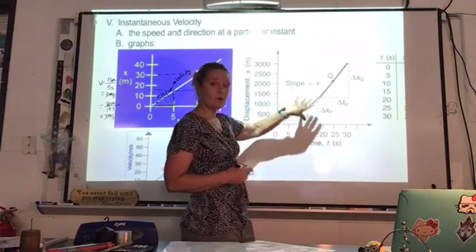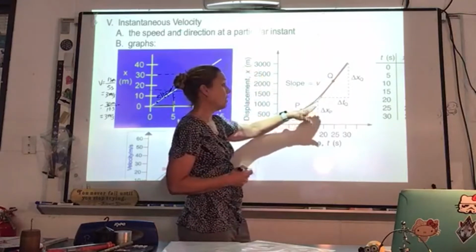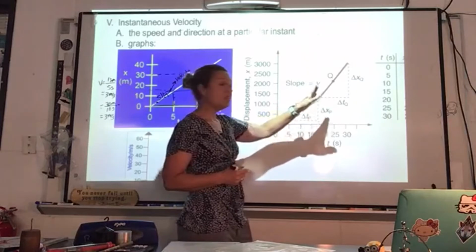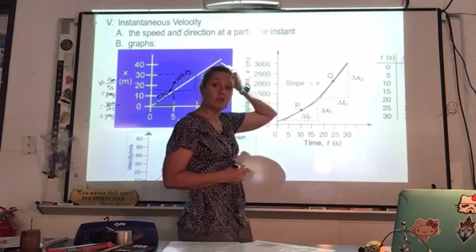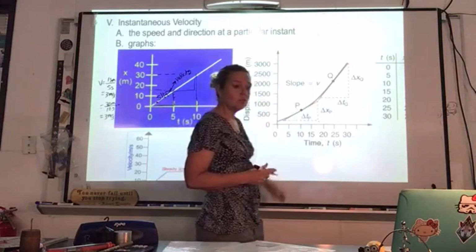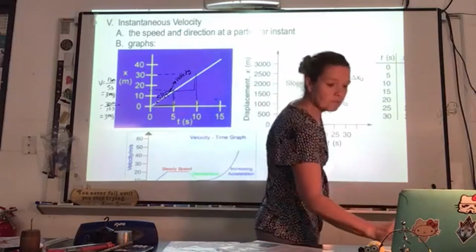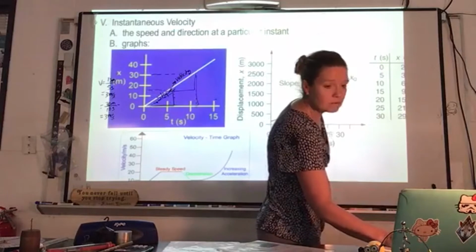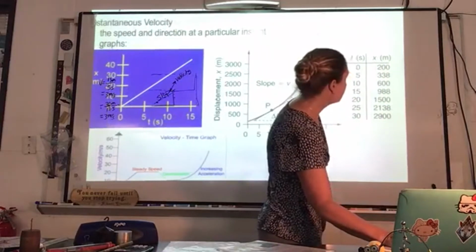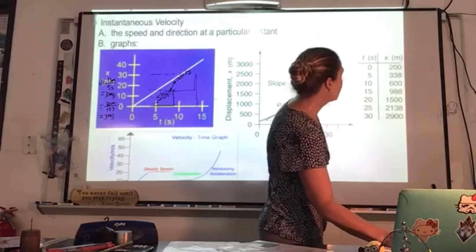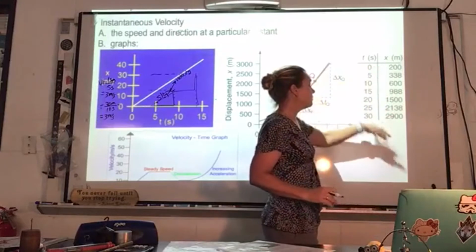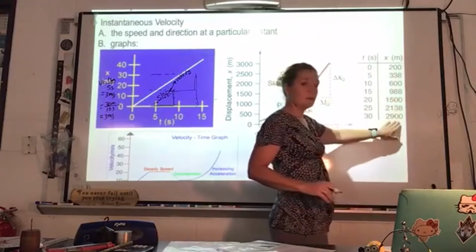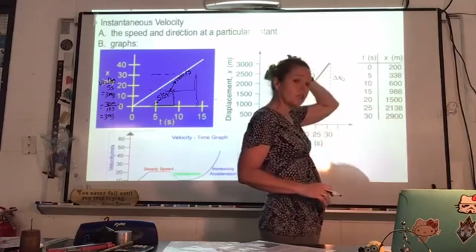So if we want to analyze this, we see that we have a changing velocity, and in fact we have an increase in velocity. If we looked at that table of information, then we see that this is growing more exponentially.